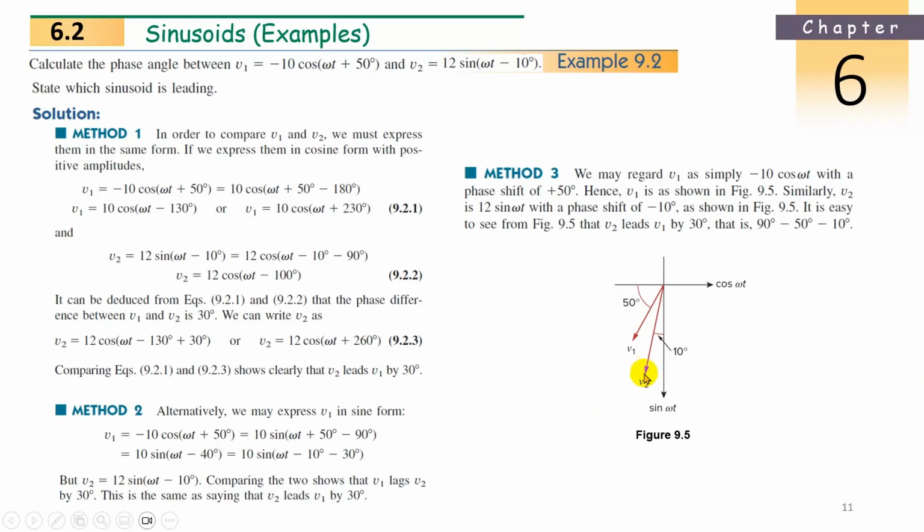So the angle between V2 and V1 is 30 degrees, but which is first and which is last we can say from the anti-clockwise rotation. V2 comes first, and after 30 degrees V1 comes. So V2 is leading V1. This is important.